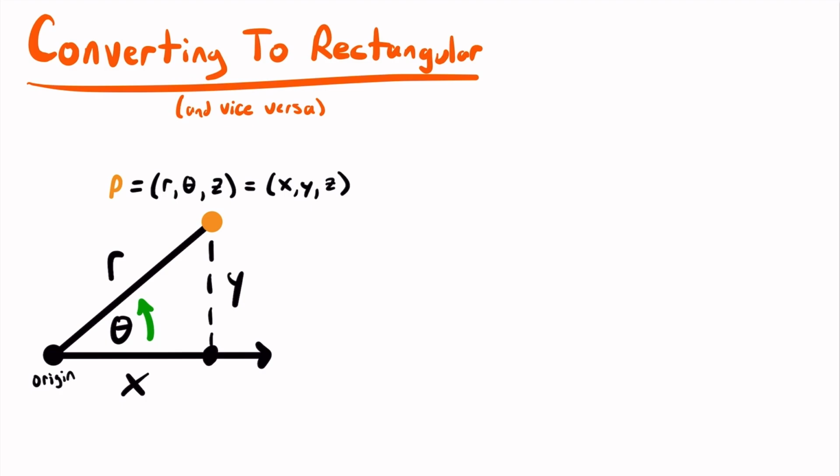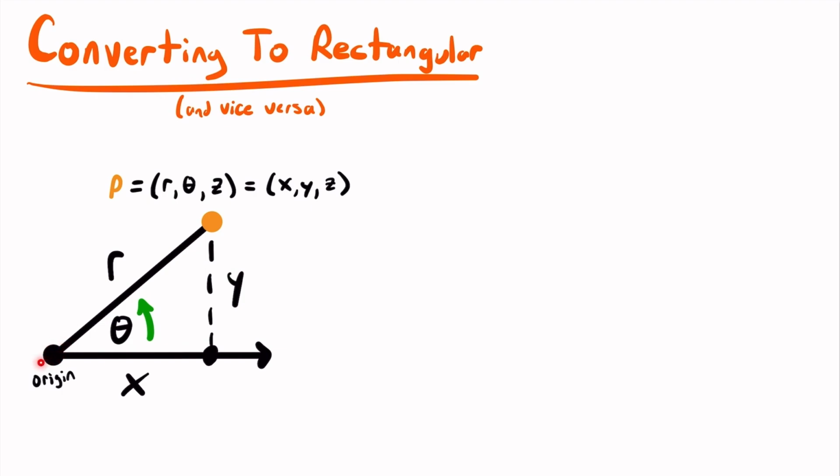Okay, so we're going to go through this pretty quickly because I've already derived these conversion formulas in my original video on the polar coordinate system, but the way that we get these conversion formulas is by using a bit of trigonometry to relate r and theta to x and y. Okay, so if you're looking at a particular point in the polar coordinate system, remember we don't care about the z-coordinate, that's going to be the same, so we're just looking in 2 dimensions here.